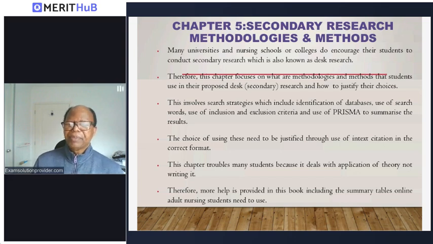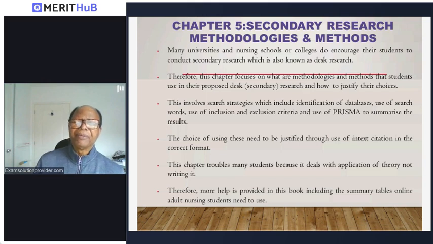Okay, so this chapter focuses on the methodologies and methods that students use in their proposed desk, which is secondary research, and how to justify their choices. So you need to justify your choices of whatever you're choosing. Now, this requires you to have search strategies because it's secondary research. With desk research, we need to know how you are going to go about getting the materials that you need to use in your research.